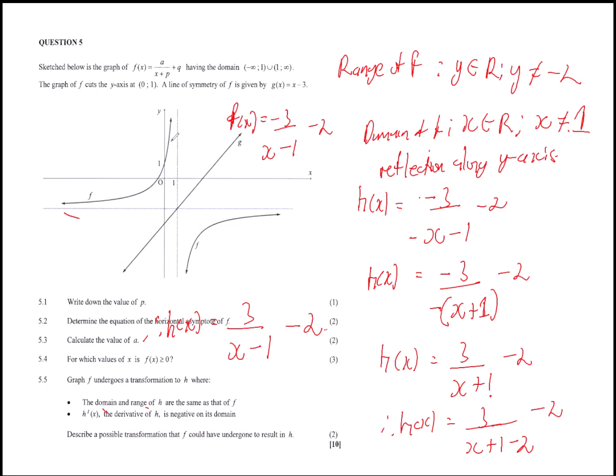So it becomes something like this. Something of this nature. Yeah. Almost like this. So there would be a reflection along the y-axis and then a shift 2 units to the right.